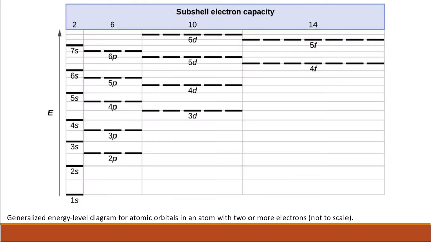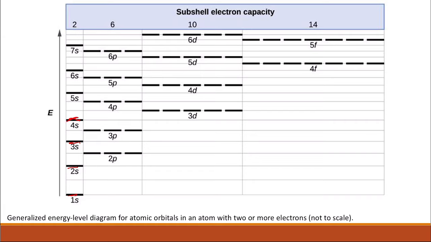Looking at the different energies of the different subshells, the 1s orbital has the lowest energy, so this is going to be filled first, and then the 2s, and then the 2p, and then the 3s, and then 3p. Then you would expect the 3d to have lower energy than the 4s, but actually 4s has lower energy than the 3d.